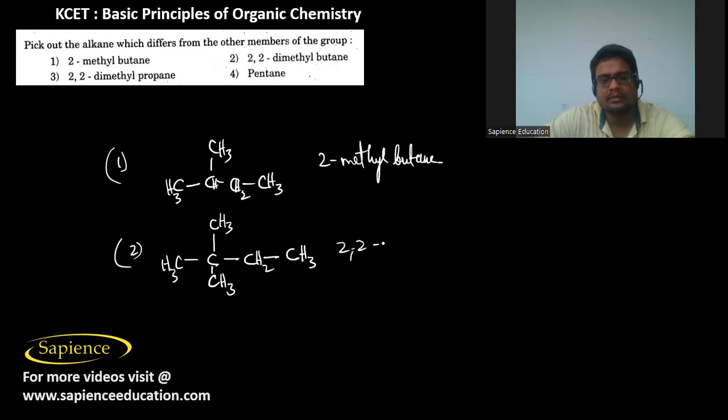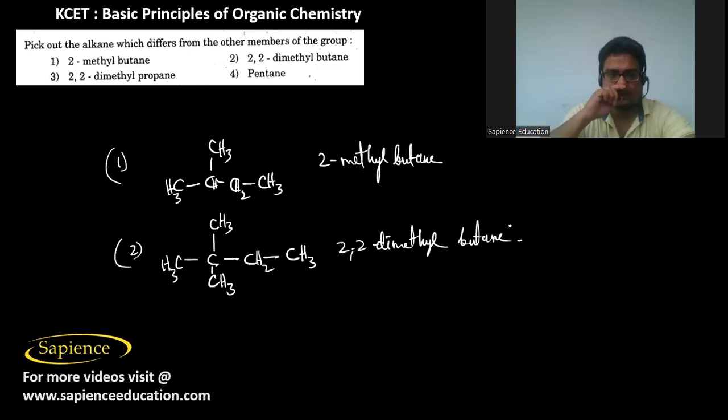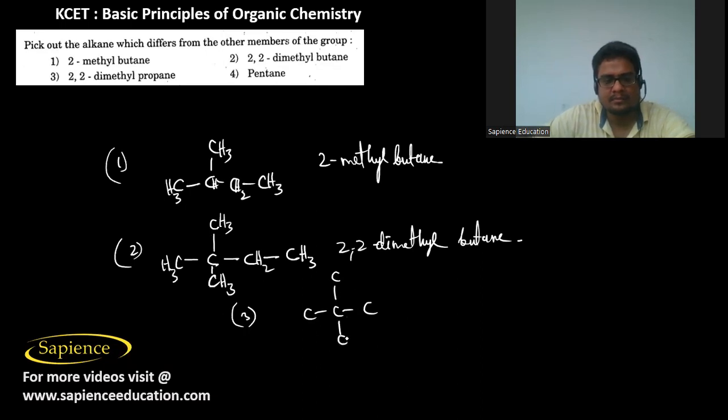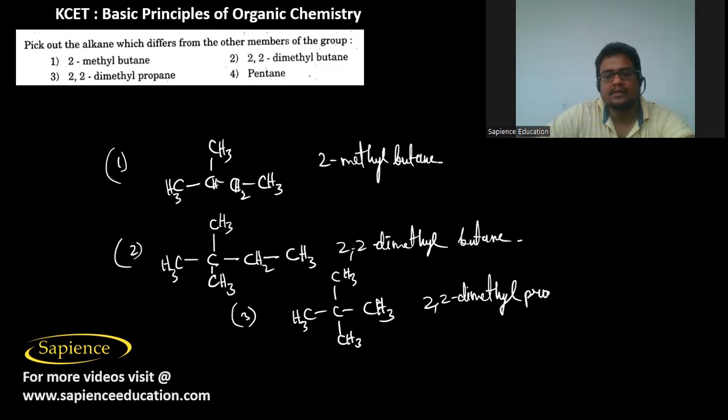The third one is 2,2-dimethyl propane, which is like this.